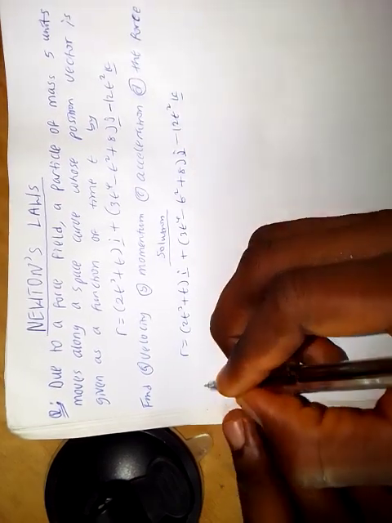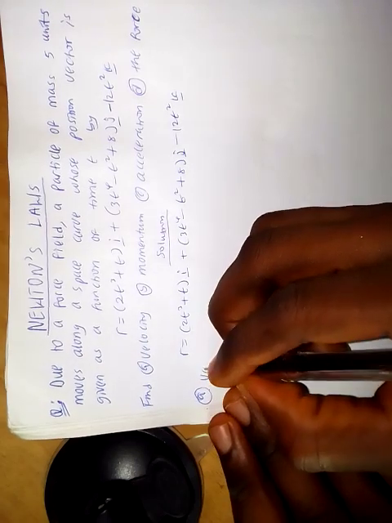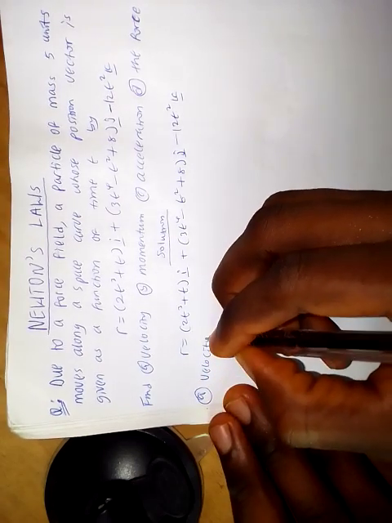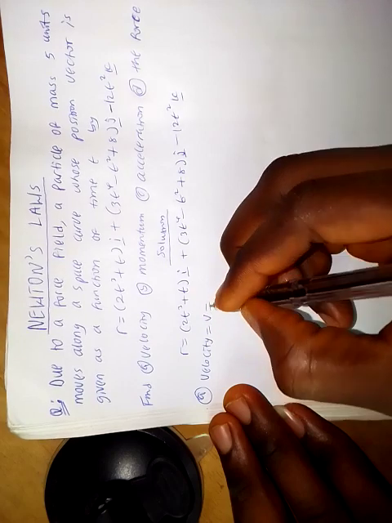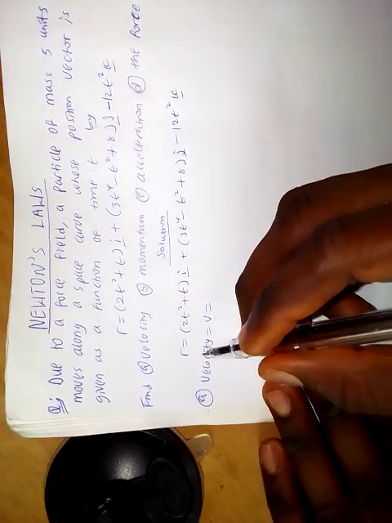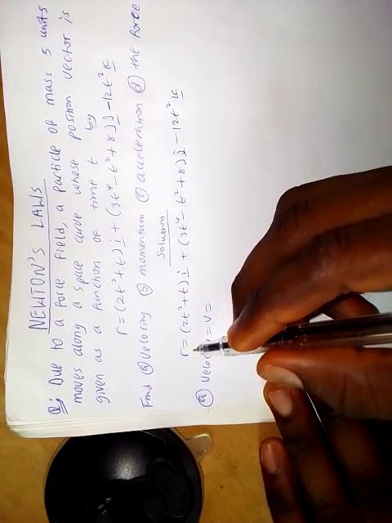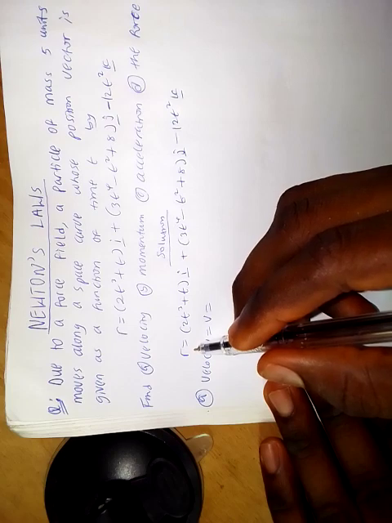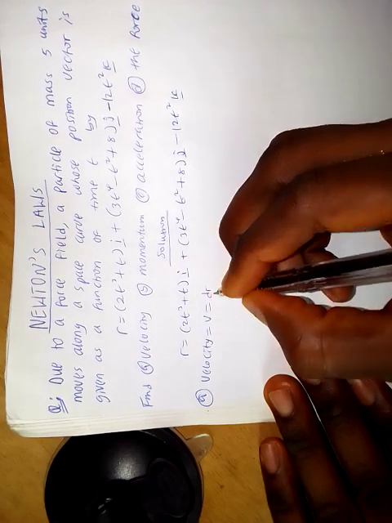So now, the velocity, v. To obtain the velocity, we just differentiate the position vector with respect to time. So we have dr/dt.